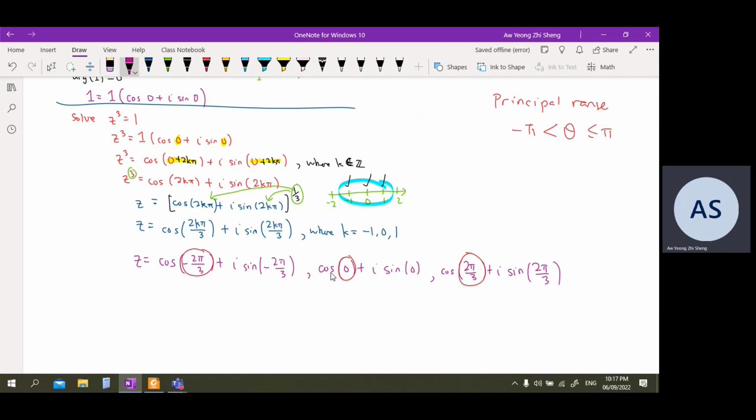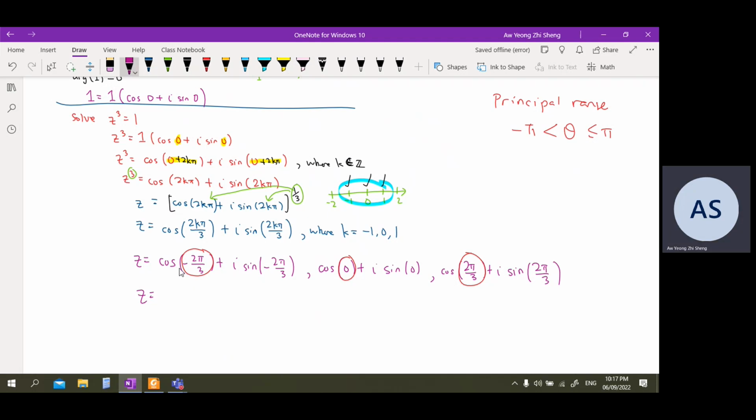This question wants our answer in Cartesian form, and they actually didn't prohibit us from using the calculator. So you can use a calculator to press out what is cos of minus 2 pi over 3 and so on. But anyway, I will just do it the manual way, just to show you how that can be done.